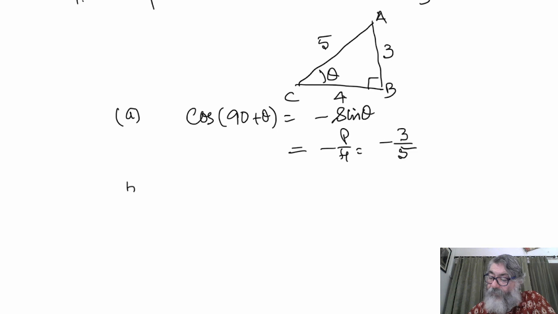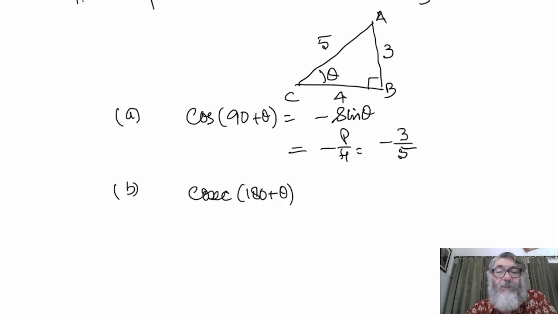Then he wants you to find the value of cosec 180 plus theta. Now cosec 180 plus theta means it will go into the third quadrant, and in the third quadrant tan and cot are positive, the rest are negative. That means cosec will remain cosec only because it is 180.